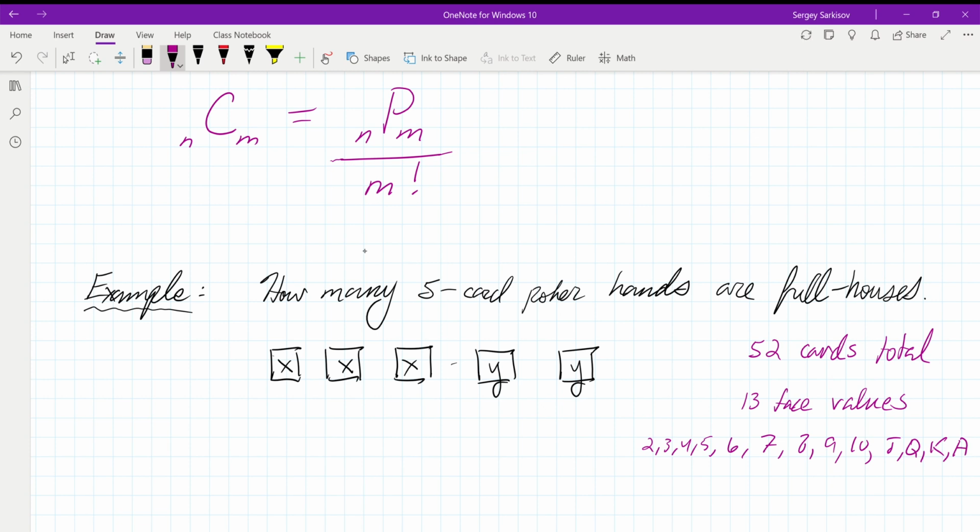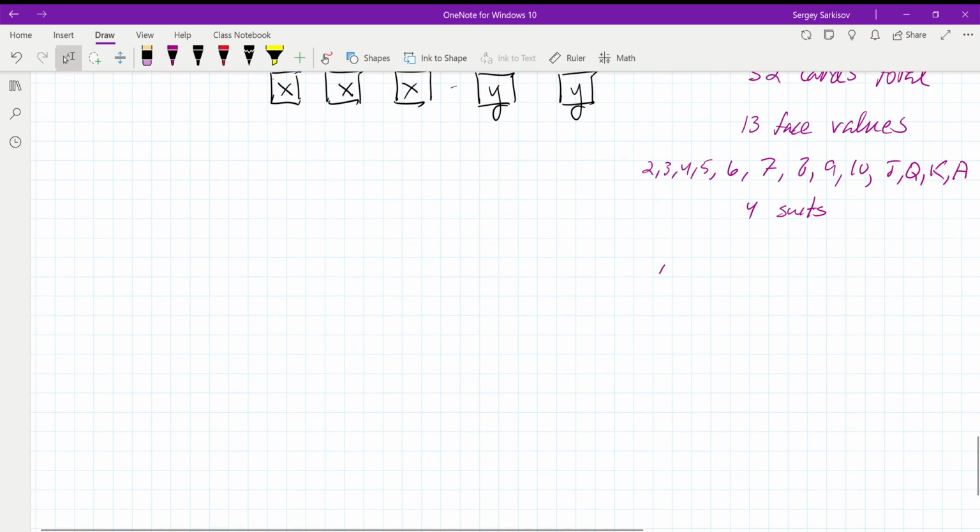And then there are 4 suits. This is diamonds, spades, and let's draw the spades the best we can.